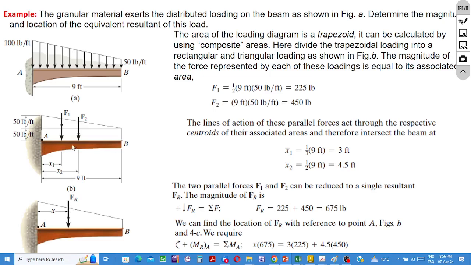The moment of F1 plus the moment of F2 is the magnitude of the resultant couple moment of this distributed load, and the moment of the resultant force at that special location, whose coordinate is x bar, must be equal to the resultant couple moment. Writing that equality, here it is, we can find the governing equation. The only unknown is x bar. Solve this equation and find the coordinate value.